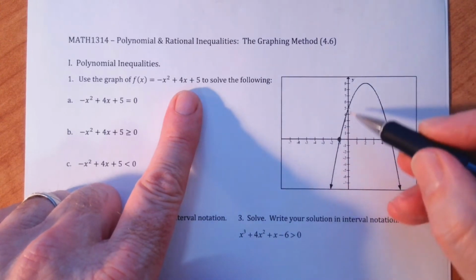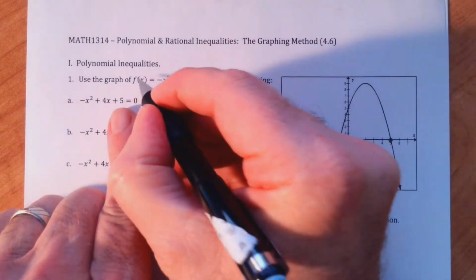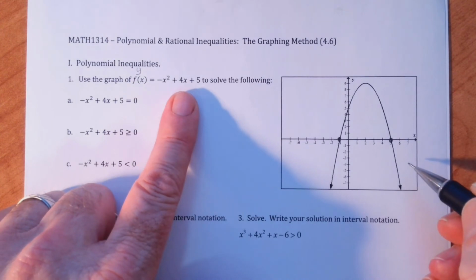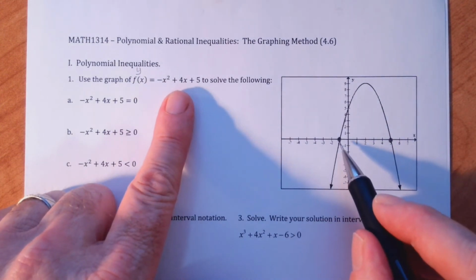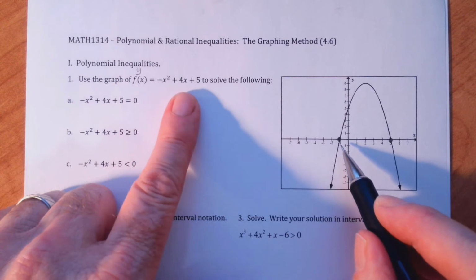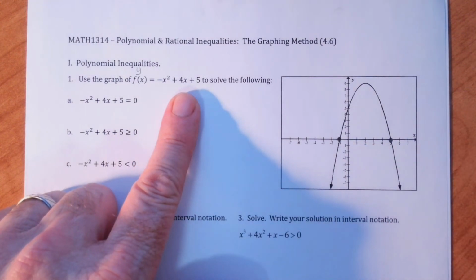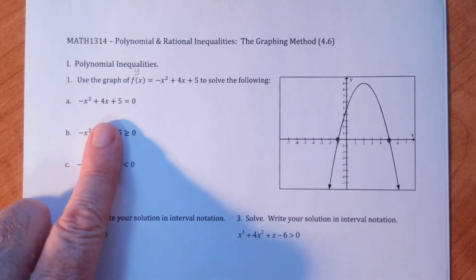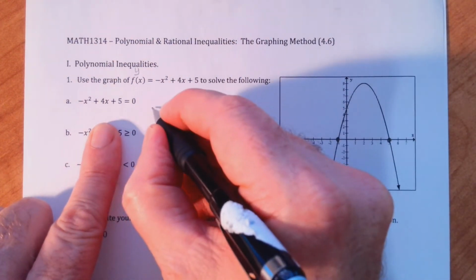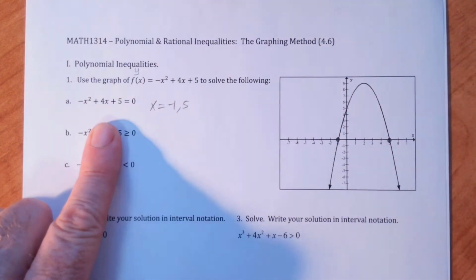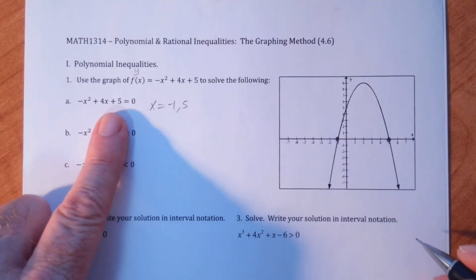This is a graph of basically y equals minus x squared plus 4x plus 5. Well, minus x squared plus 4x plus 5 is equal to 0 here and here. So when x is negative 1 and when x is 5. So here x equals negative 1 and 5. Those are the solutions to this equation.